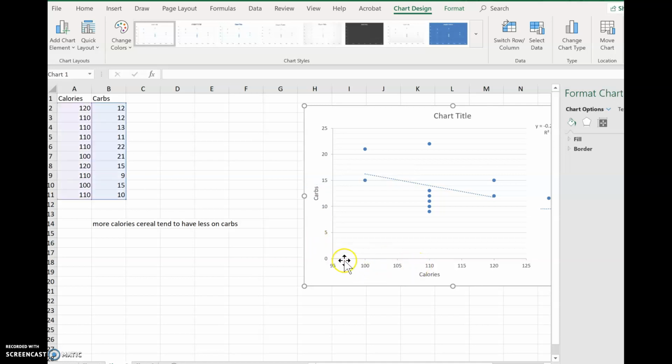Okay, so you can see when I have more calories, I will have fewer carbs.